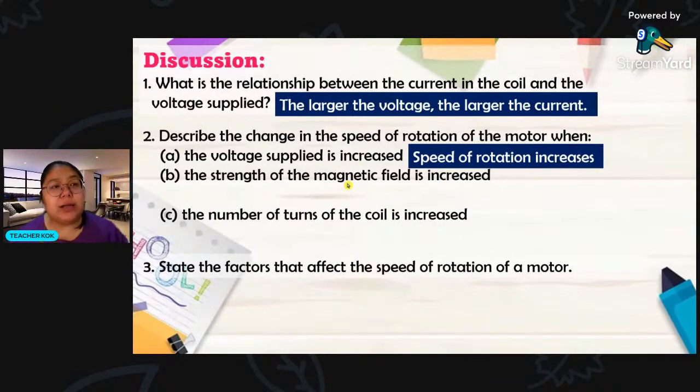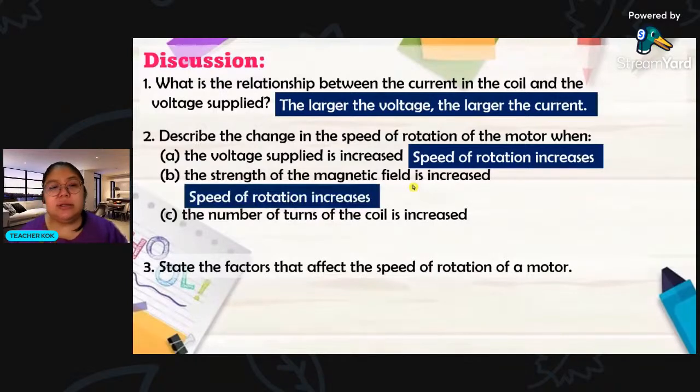Number 2, you can say the distance between the magnets, you make it closer. If I make the magnet stronger, the strength of the magnetic field increases. So what happens to the speed? I think every student knows this. The answer should be that the speed of rotation also increases.